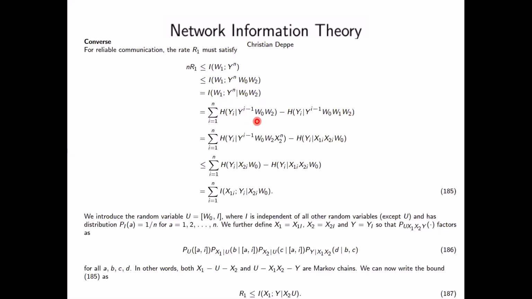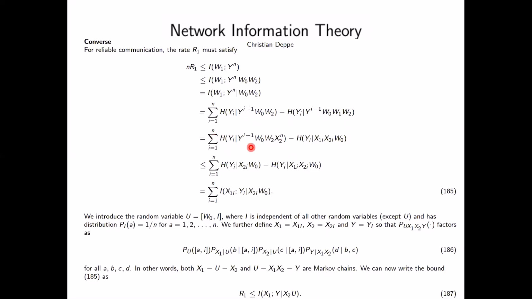And then you see here that's the entropy of yi and yi minus 1 and W0, W2. Here's the entropy of yi under the condition yi minus 1, W0, W1, W2. Now we thought what we can replace. So here we add x2 to the n. This we can add because this is just a function of W2 and W0.